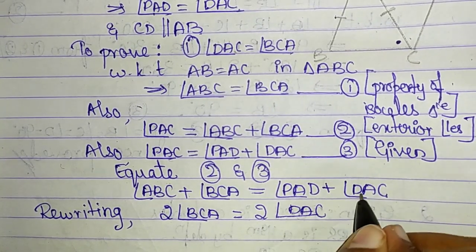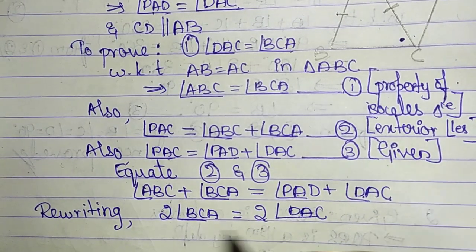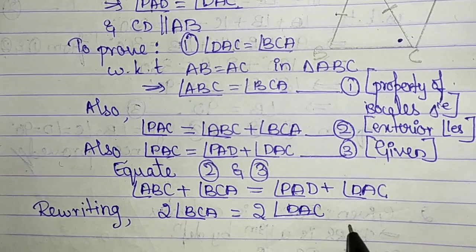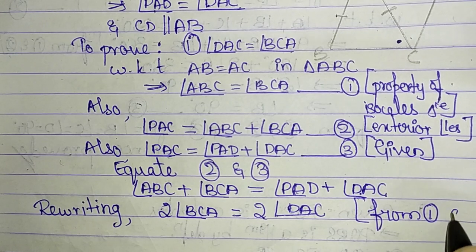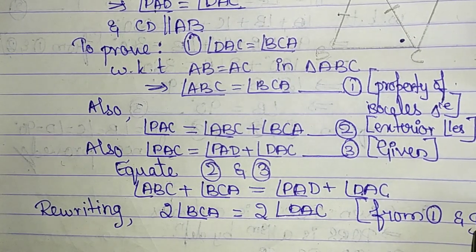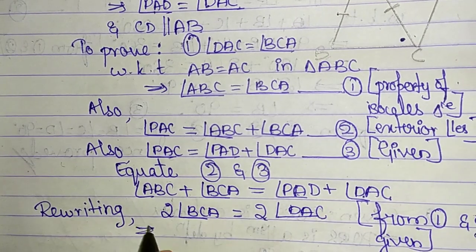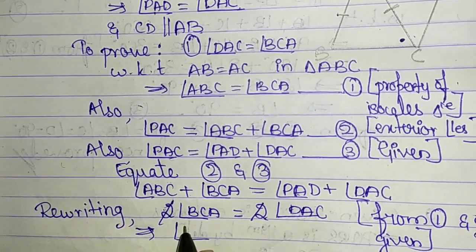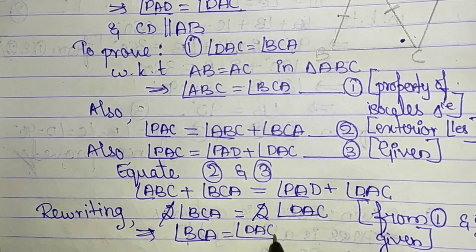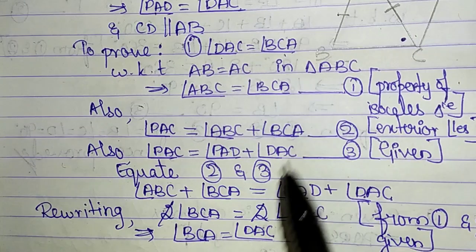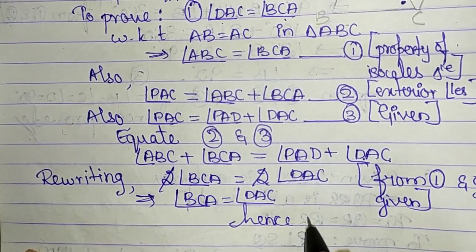Because PAD is equal to DAC, so replace PAD with DAC, adding them 2 times DAC. Similar thing on the left hand side. So this implies 2 cancels each other. We get angle BCA is equal to angle DAC. So we had to prove angle DAC is equal to angle BCA. We proved that. Hence, proved.